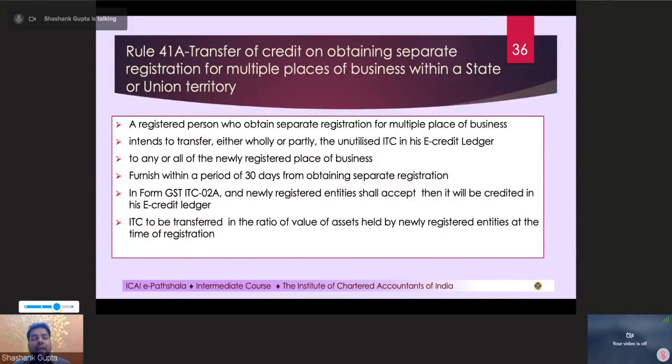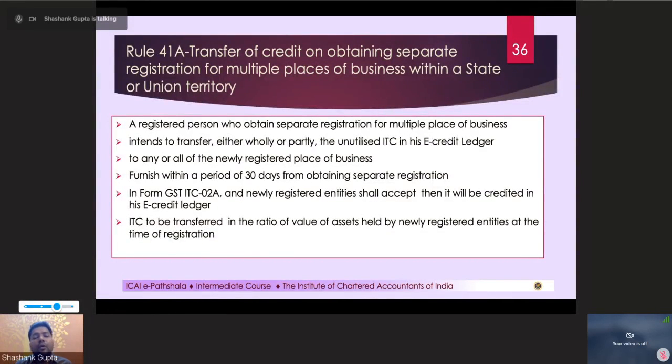Because if within a state I had to obtain a separate registration on a common PAN, that was only available if the business line was different. Suppose I have a chartered accountant office on the same PAN, and then a manufacturing unit on the same PAN, then I could operate separate registration for manufacturing and separate registration for my CA practice.